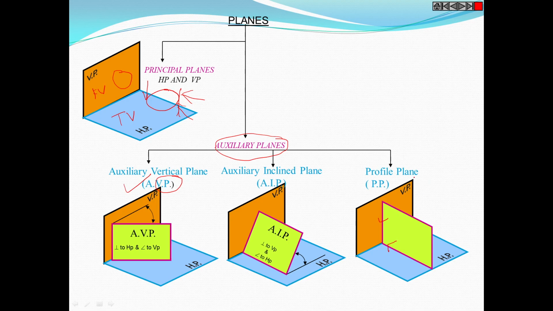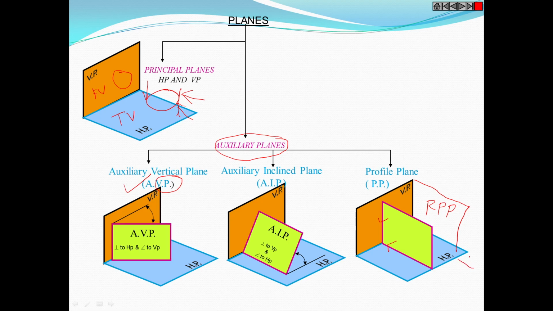If this plane is at the end position like here, on the right side of the vertical plane, it is called RPP, right profile plane, right side of the vertical plane.